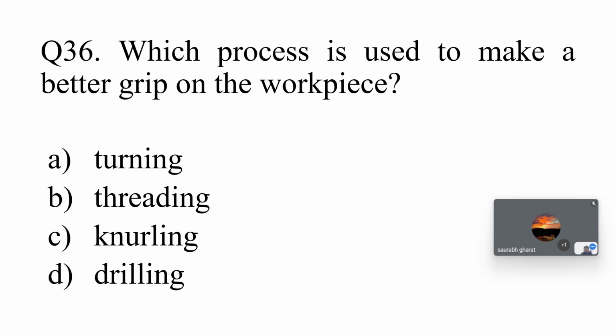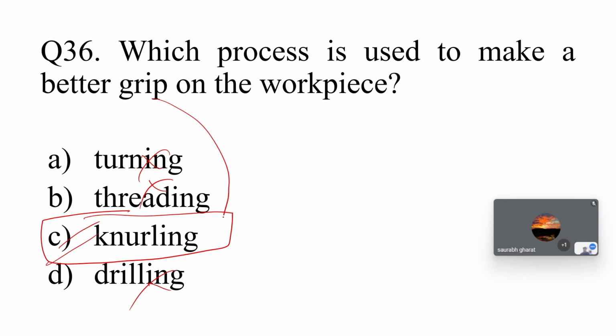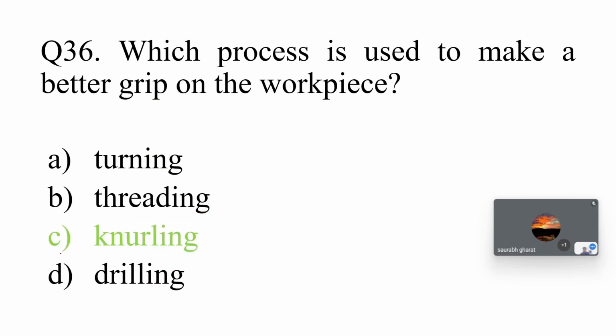You might get the answer. The correct answer is that for better grip, the process is called the knurling process. Turning is a normal process. Threading is a normal process. For better grip, you do the knurling process. So knurling is the correct answer.